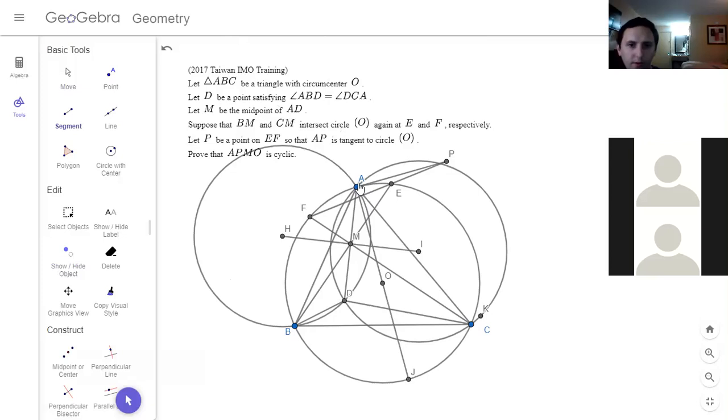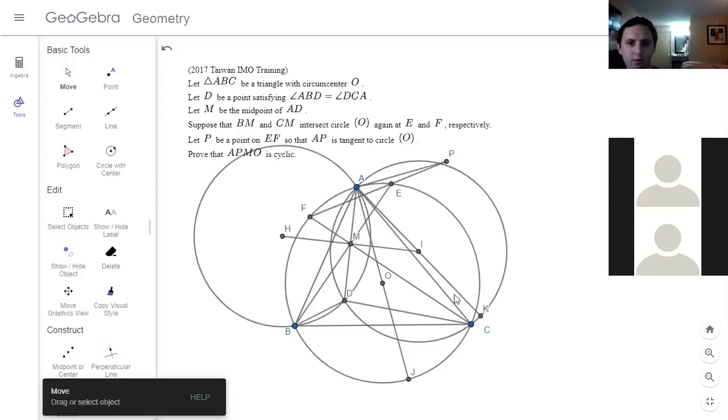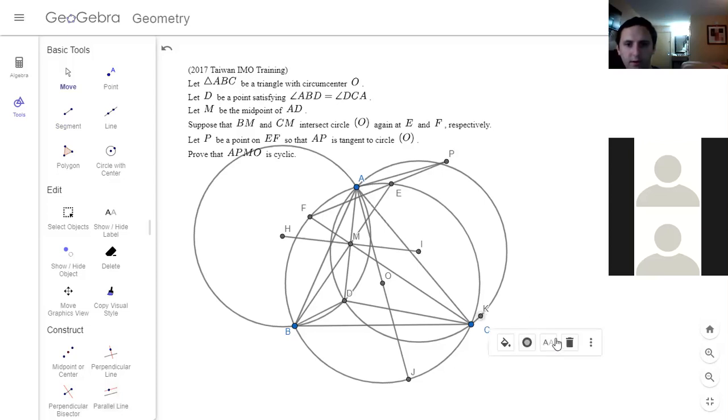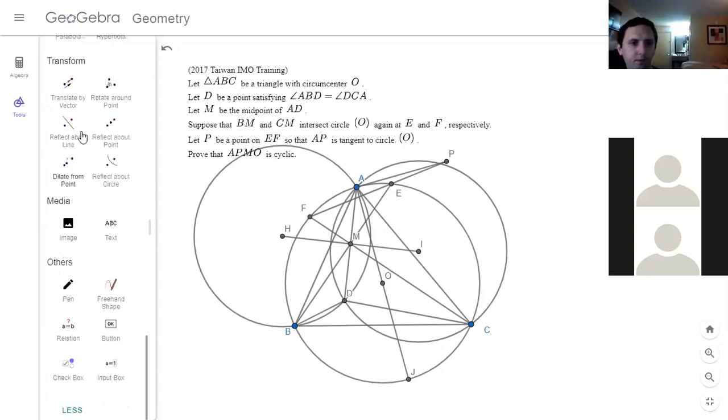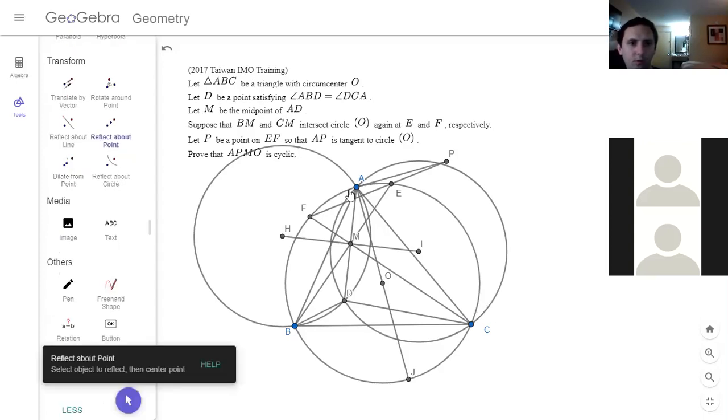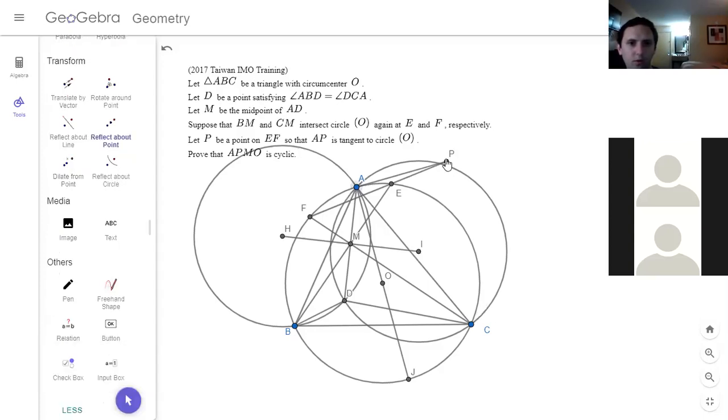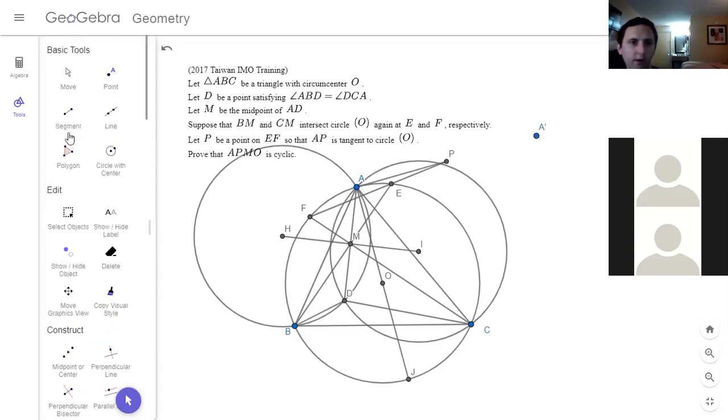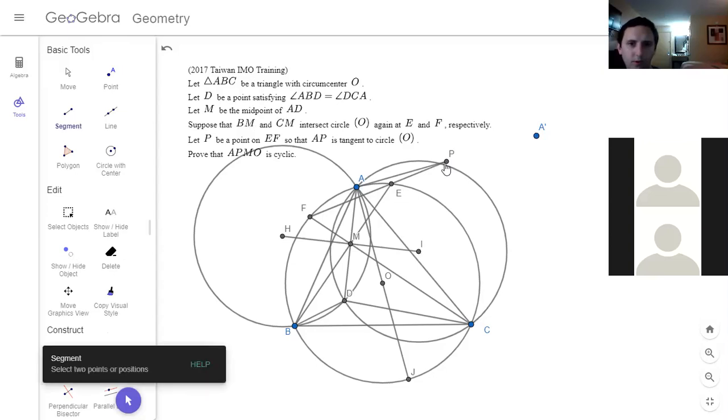We want to show it. AJD. Oh, we don't need point K. I'm sorry. We just need to reflect P. So ADJ prime, we want to show is cyclic.